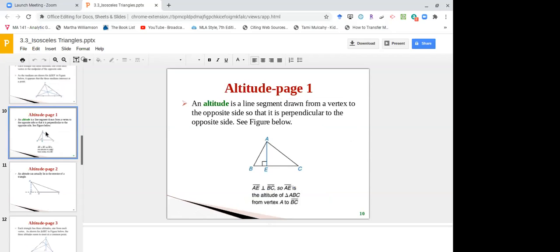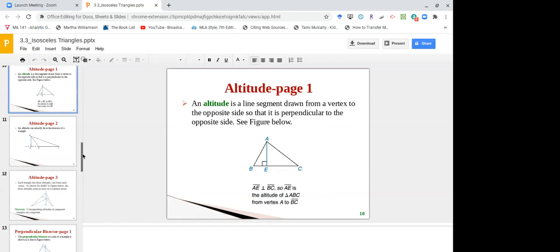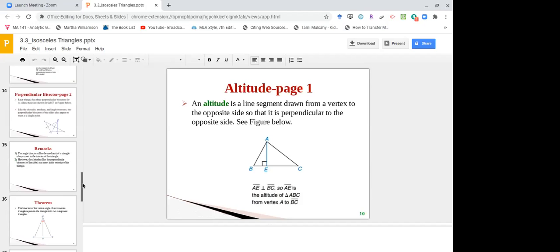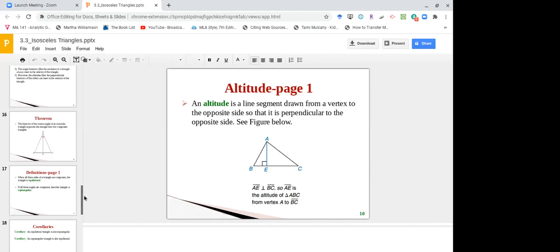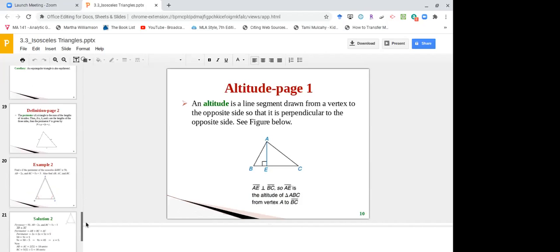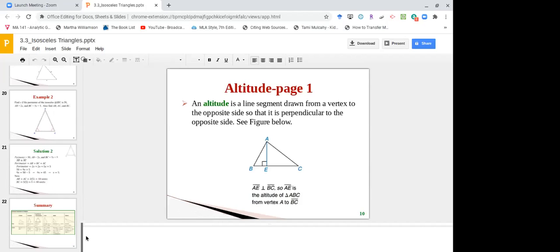And then we have altitudes. Now altitudes are always perpendicular to the opposite side. They don't have to go through the middle. They just have to be perpendicular to the opposite side. So make sure you understand that. And then we talk about the perpendicular bisector, and there's some definitions and corollaries for that on the rest of the slides in this lesson.